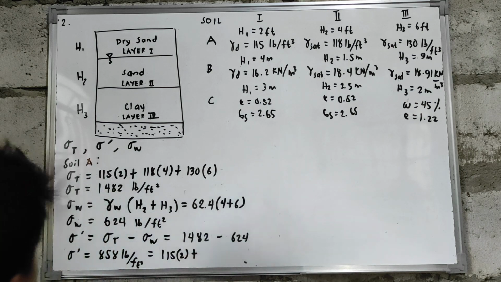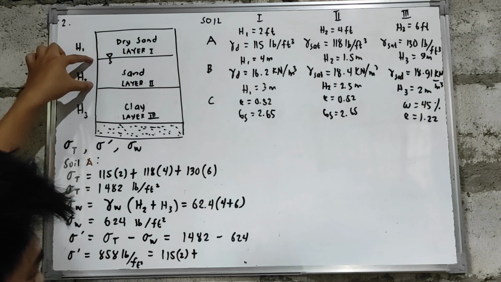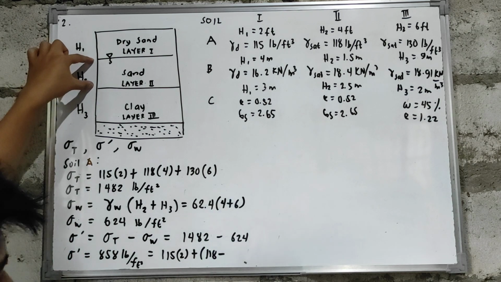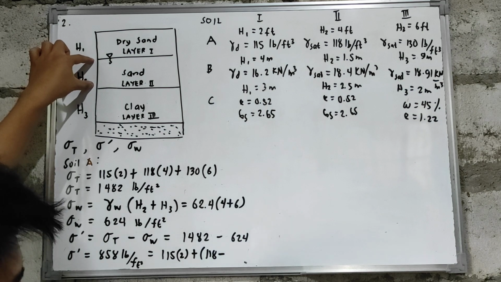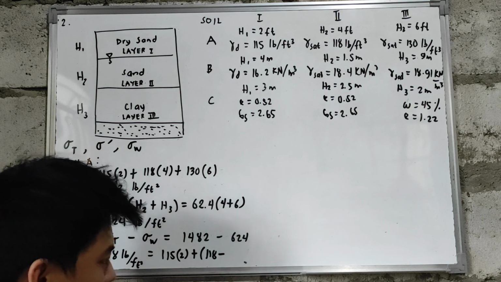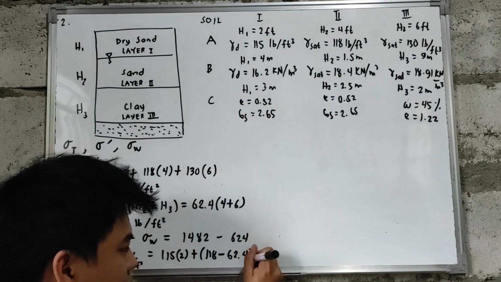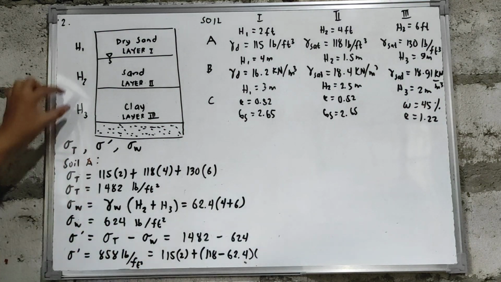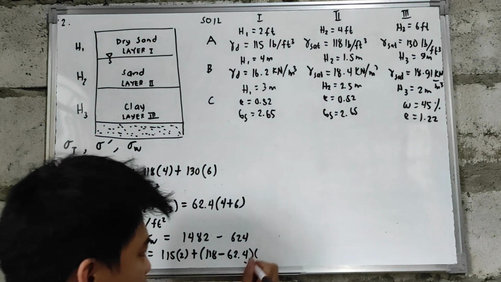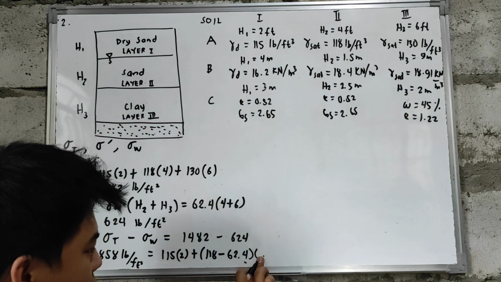Plus, eto naman, since we have a saturated sand second layer, 118 na unit weight, saturated unit weight, ima-minus natin yung value ng tubig. So, for this, aalisin natin yan ng tubig. So, ima-minus natin yung 62.4. And of course, imumultiply natin yung h sub 2, which is equal to 4 feet.